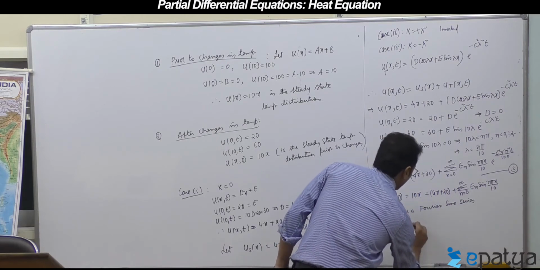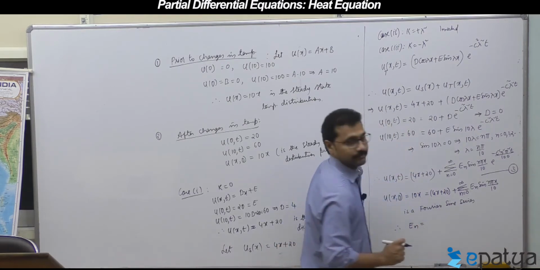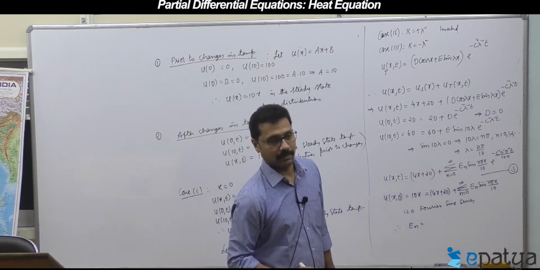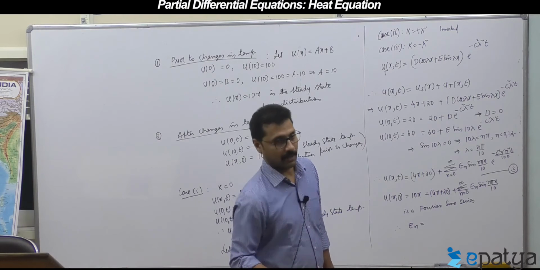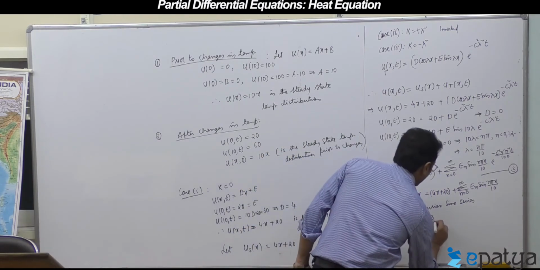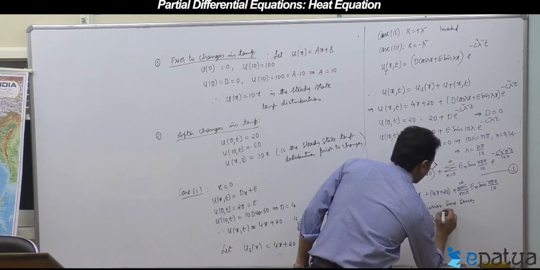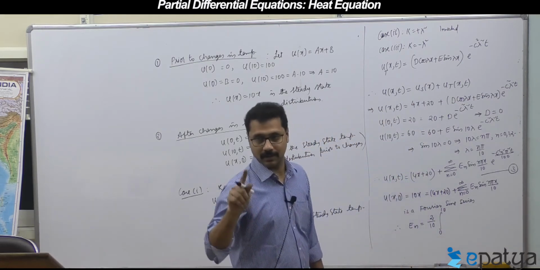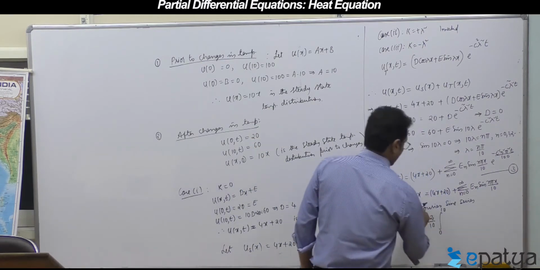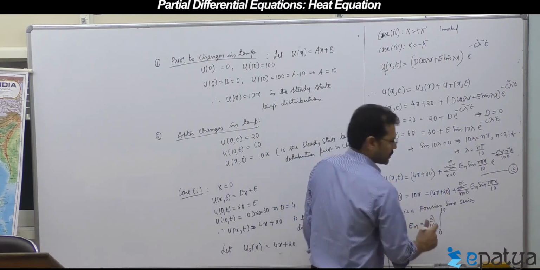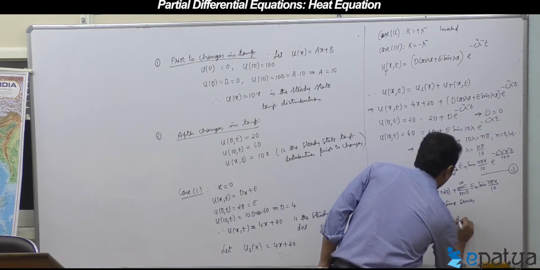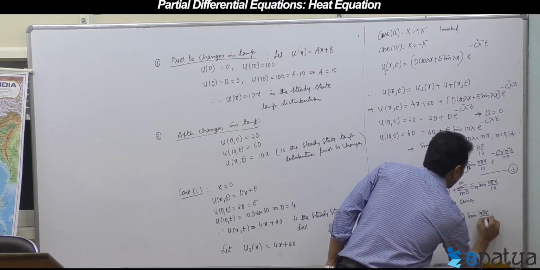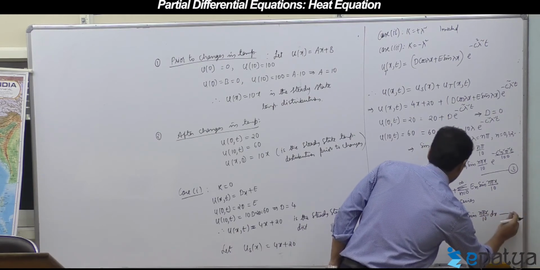Therefore, en equal to 2 by L, L is 10 again, so 2 by 10 integral running from 0 to L, 0 to 10, of 10x minus this thing, which is 6x minus 20, into sin n pi x by 10 dx.